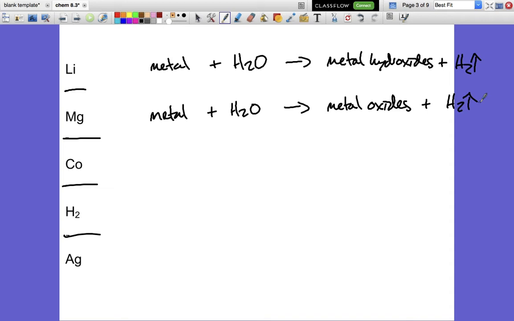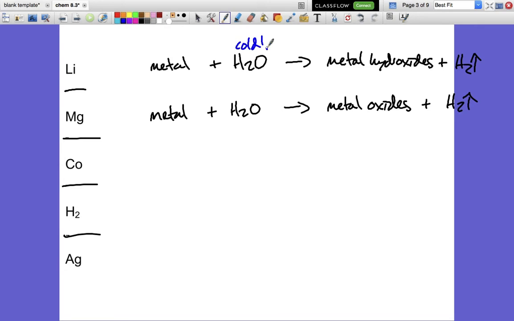So what you're going to be looking for to tell you, right, whether one of these reactions would happen or not, right? Lithium and its group are so active that they can react with cold water, right? It's perfectly fine for this water to be cold, and they're still going to be able to react with it, right?